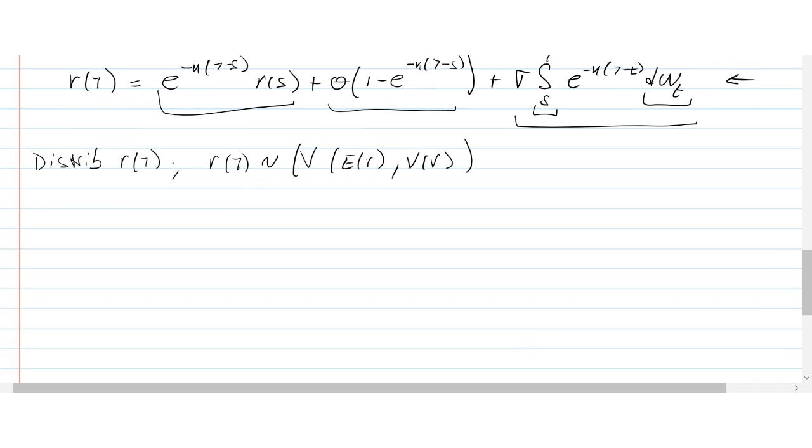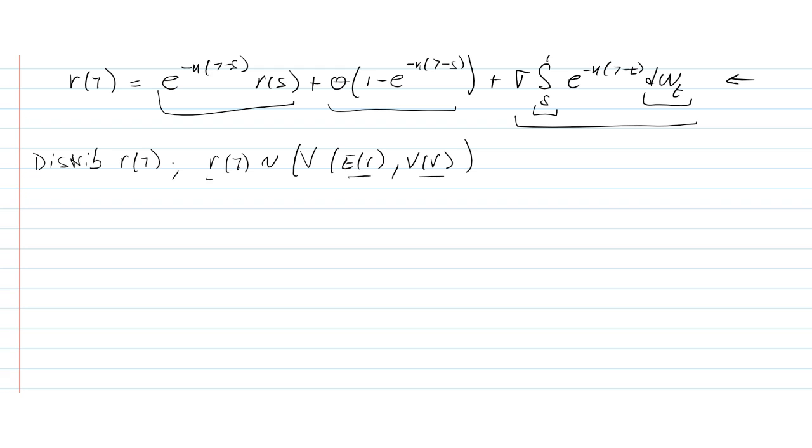So we're going to find the expectation and the variance of the rates under the Vasicek model, because this will allow us to draw simulations of the rate.